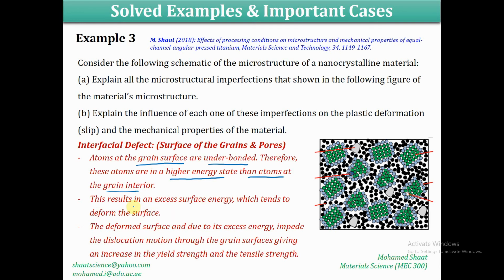Another thing, this results in an excess surface energy which tends to deform the surface. This extra energy of the surface is going to achieve some deformation and lattice distortion, but over the surface. And that's why, again, it is counted as a defect. The deformed surface, in addition to this excess energy, is definitely going to impede the dislocation from moving through the grain surface.